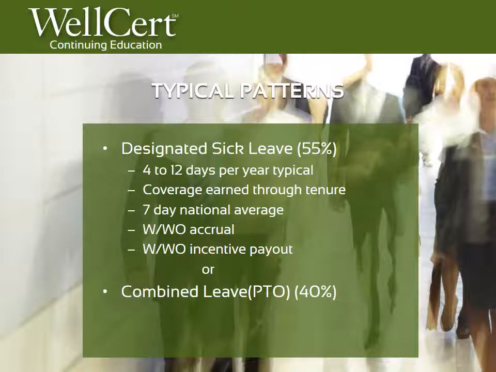About 40% of employers currently offer combined leave. Paid time off is what we're calling that. It is also called combined leave systems. There are a number of other acronyms that are used in the human resource field. But paid time off, about 40% of people. And generally it's somewhere between 50 and 90% of previous any cause leave.